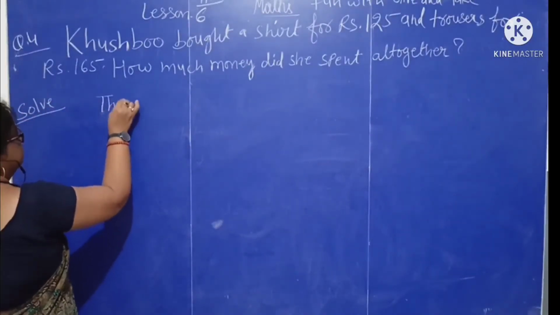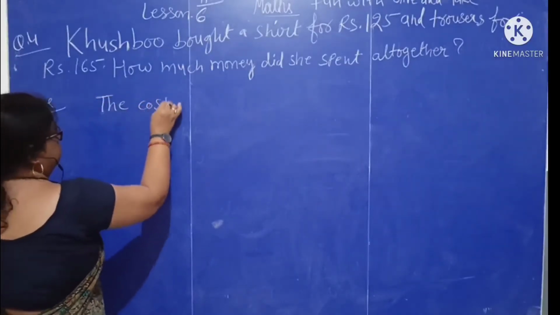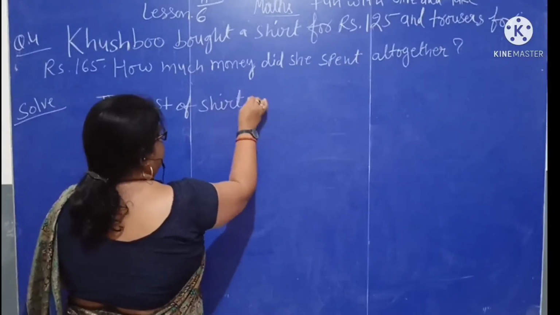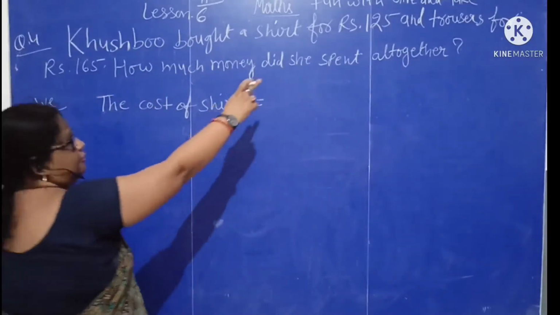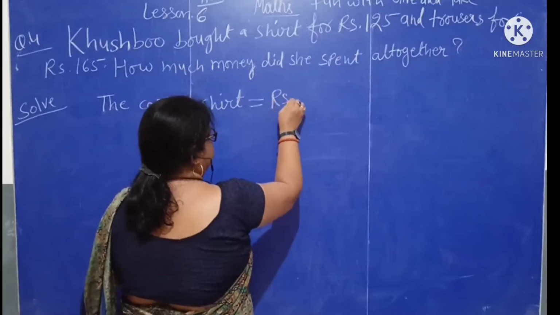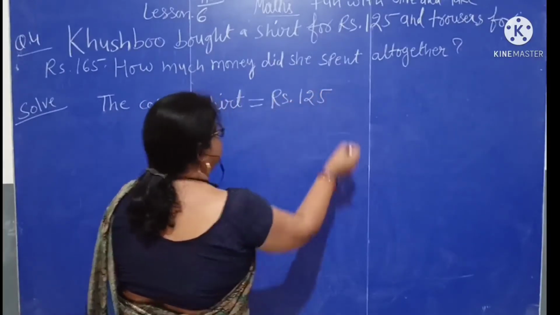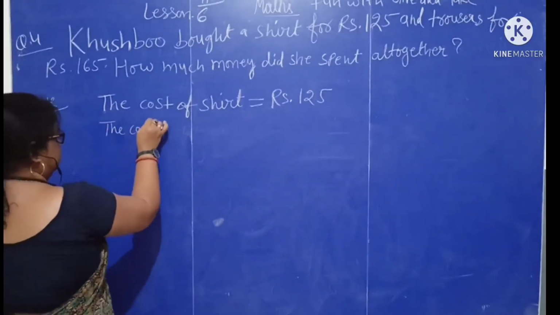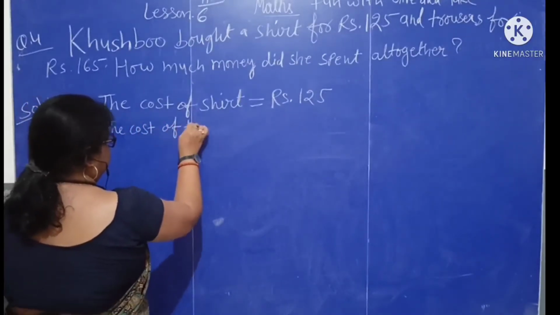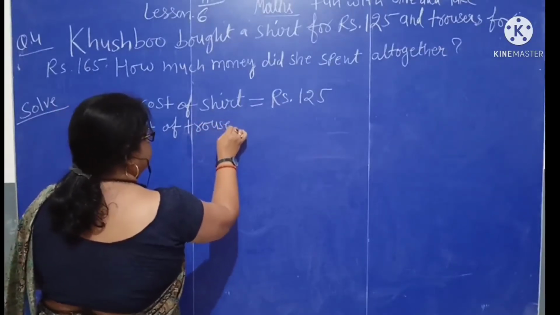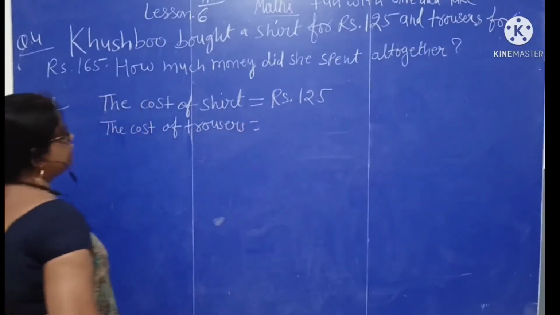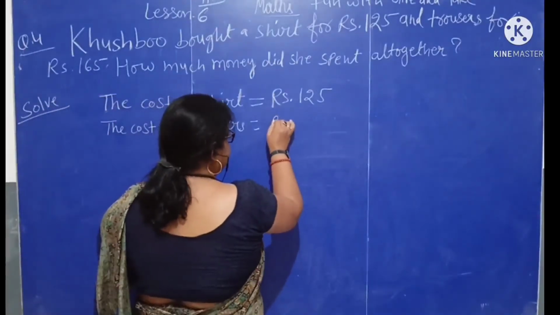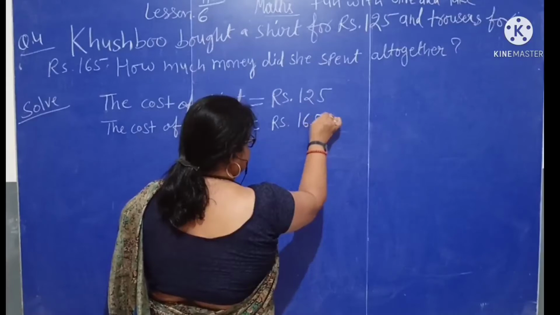The cost of a shirt is rupees 125. And the cost of trousers is rupees 165.